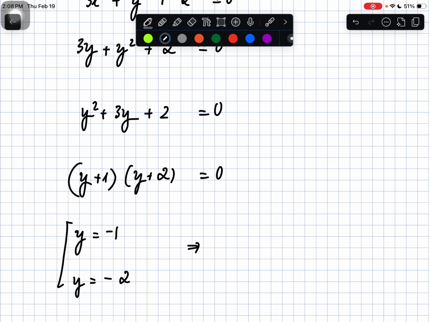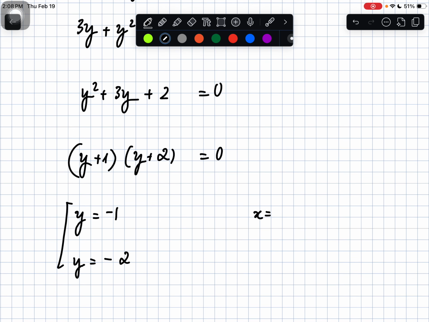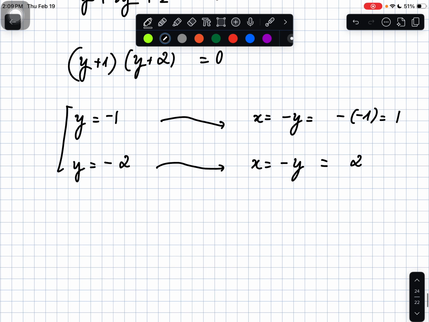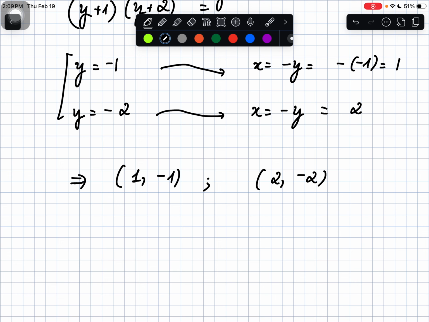Because x equals minus y, we get x equals 1 and x equals 2. So we have two critical points in this case, (1, minus 1) and (2, minus 2). So we have in total 4 critical points.